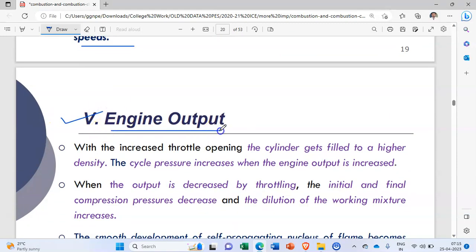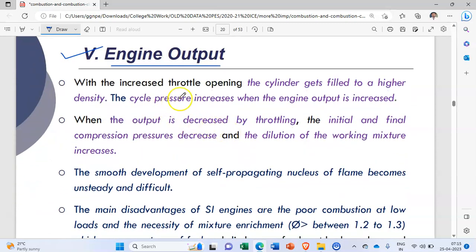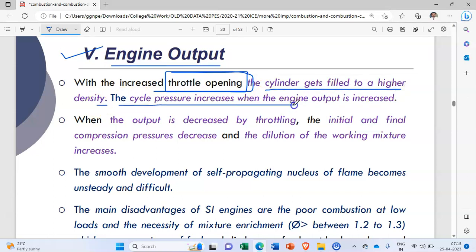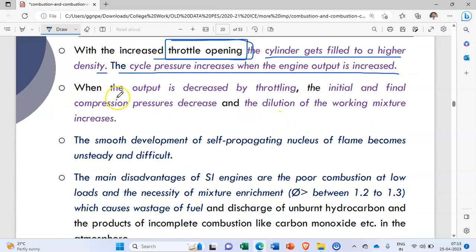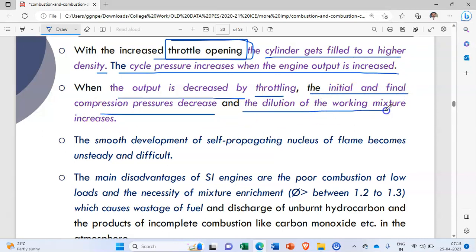Now, the next parameter is engine output. With increased throttle opening, if you open the throttle valve more, what will happen? More charge will enter into the combustion chamber. The cylinder gets filled to a higher density. The cycle pressure increases when the engine output is increased. When the output is decreased by throttling, the initial and final compression pressures decrease. The dilution of the working mixture increases.